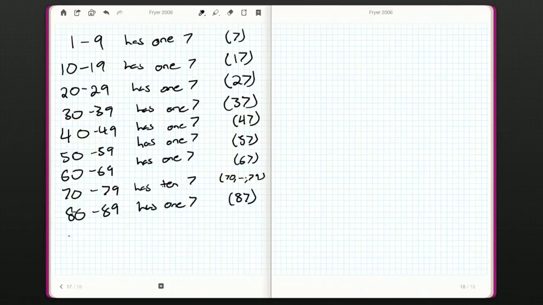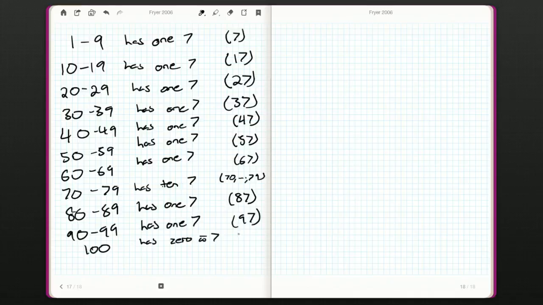And what do we get? 90 to 99. The only standout there is 97. That's 1 in that range with a 7. So it's got 0 of them with a 7. Okay.